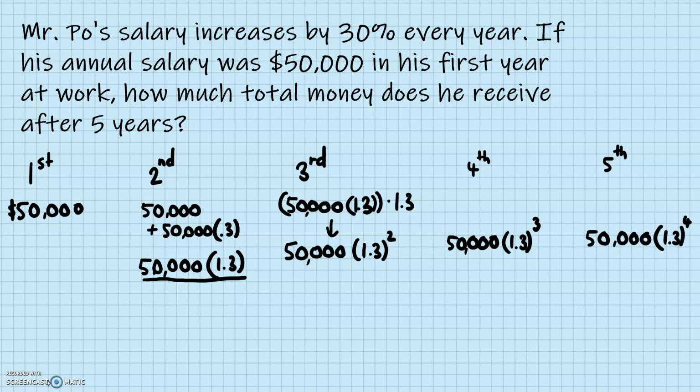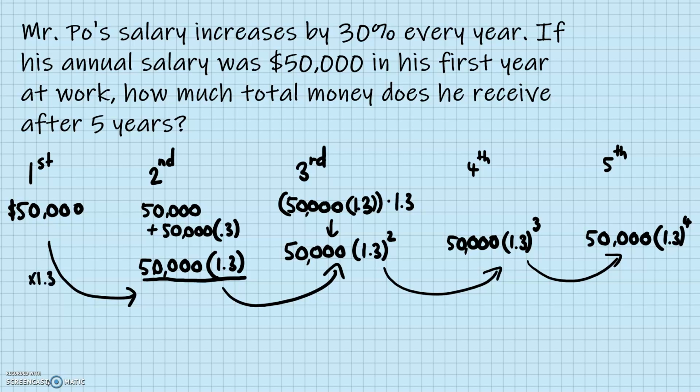Okay, and this looks to be a geometric sequence because you're multiplying the same number, 1.3, each time. And is this a sequence or a series? Or is the question asking for the sequence or the series? Let's look at the question. How much total money does he receive after 5 years?